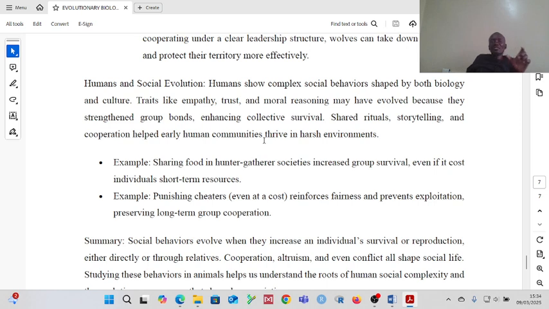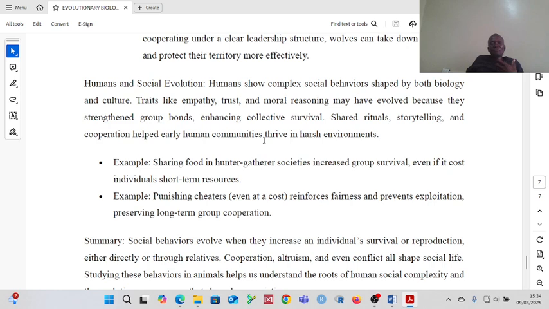So the sharing in this case is increasing the survival of the group, because wewe umepata na within the group kuna wengine hawajapata. So you are helping the group to survive. But your desire to help the group survive is coming at a cost to you as an individual.